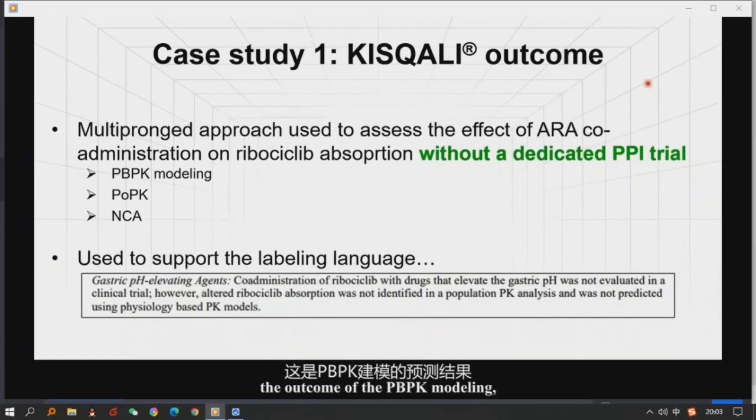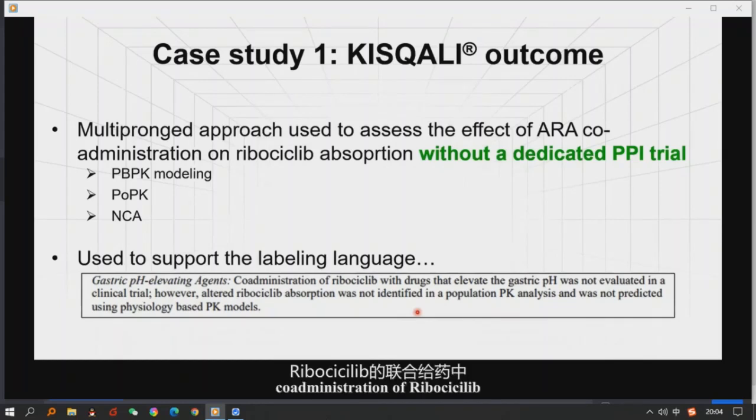So the outcome of the PBPK modeling, which was used alongside POP-PK and NCA in a multi-pronged approach, was that a dedicated PPI, proton pump inhibitor trial, was not required. And the modeling, as you can see from the bottom here, was actually used to support the labeling language.